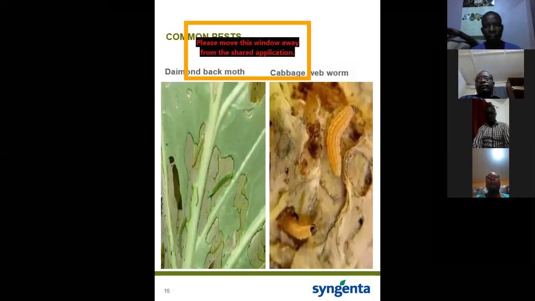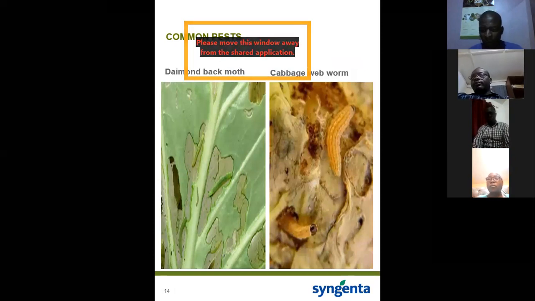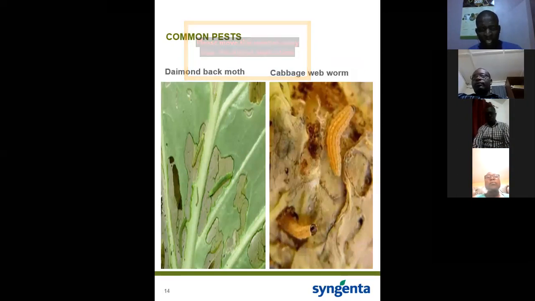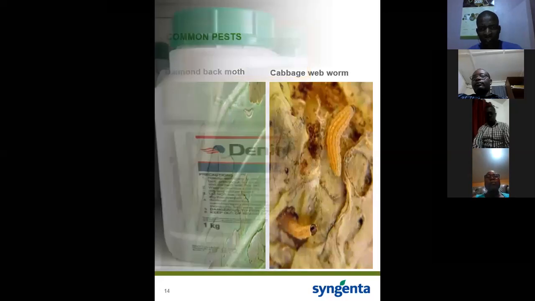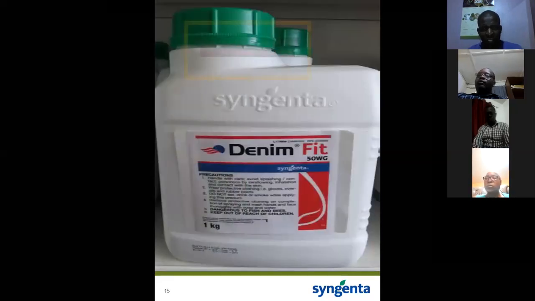All right. Then we've got another set of pests, the diamondback moth and the cabbage webworm. These are common in cabbage. To control this type of pest, you can use Denimfit.